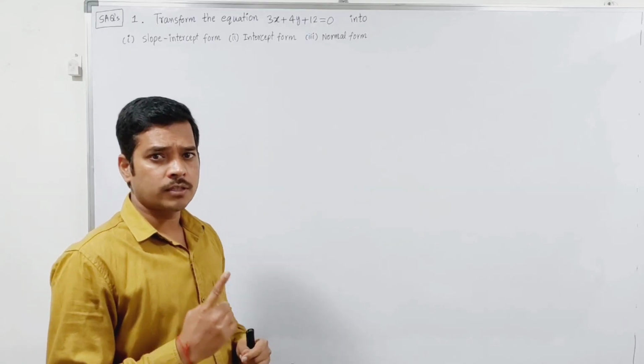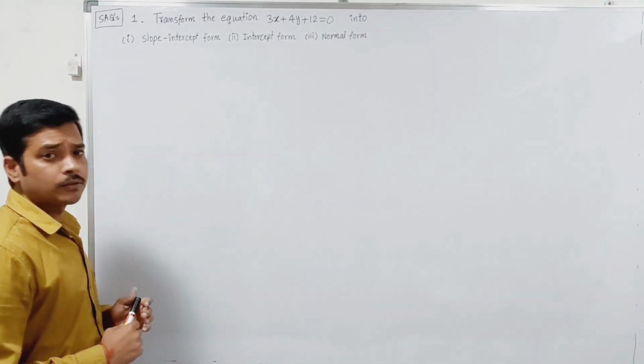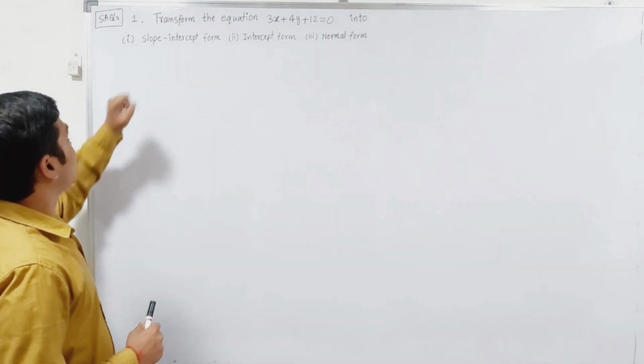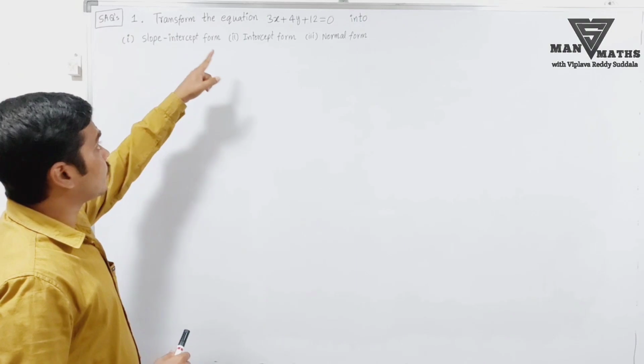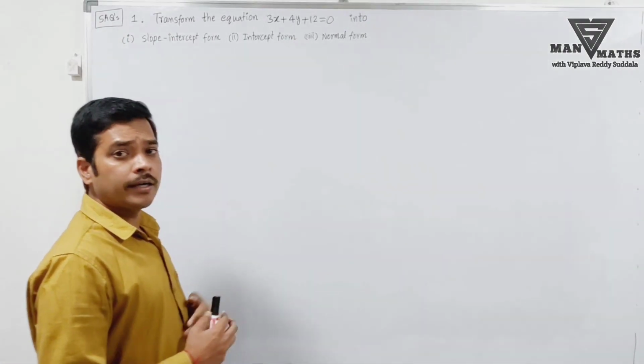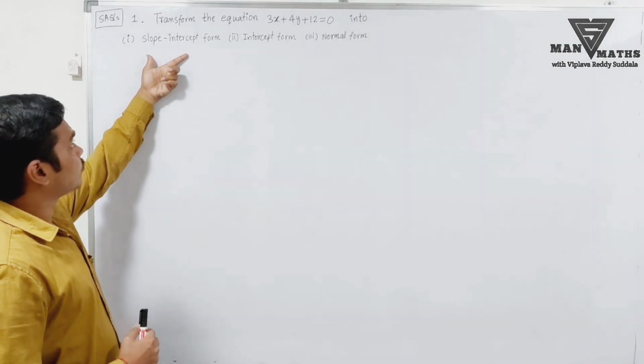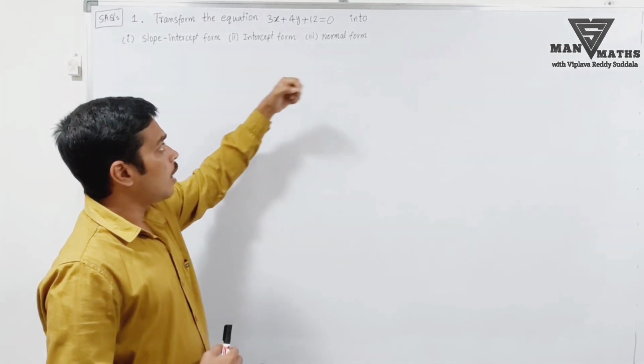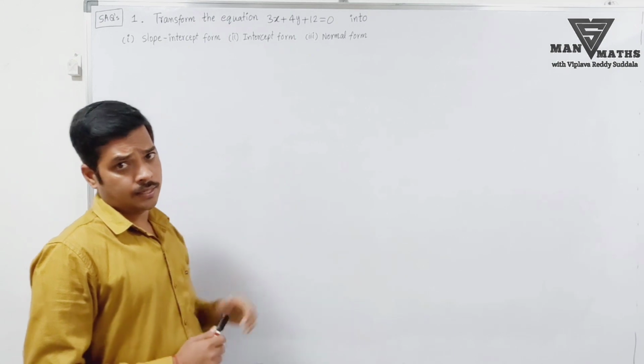Now first question from straight lines SAQs, 4 marks problems. In this problem, transform the equation 3x plus 4y plus 12 equal to 0 into slope-intercept form, intercept form and normal form of a straight line.